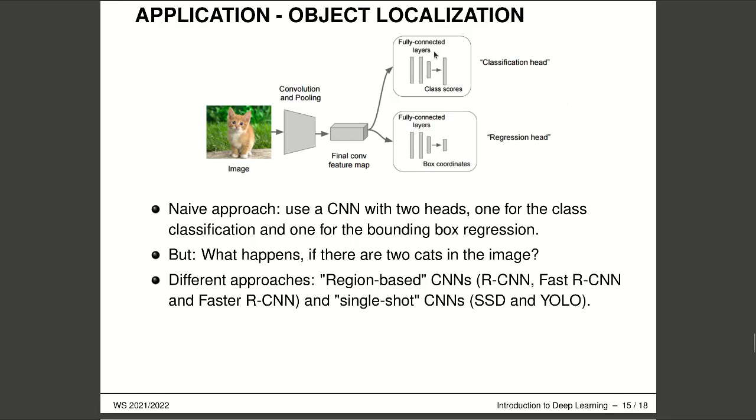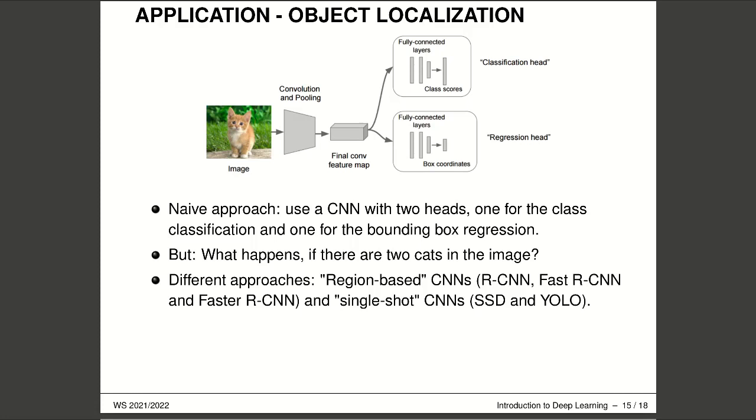Each head has a fully connected layer and each head is responsible for solving a problem by having an individual loss function. We have a loss function for the bounding box regression and a loss function for classification.